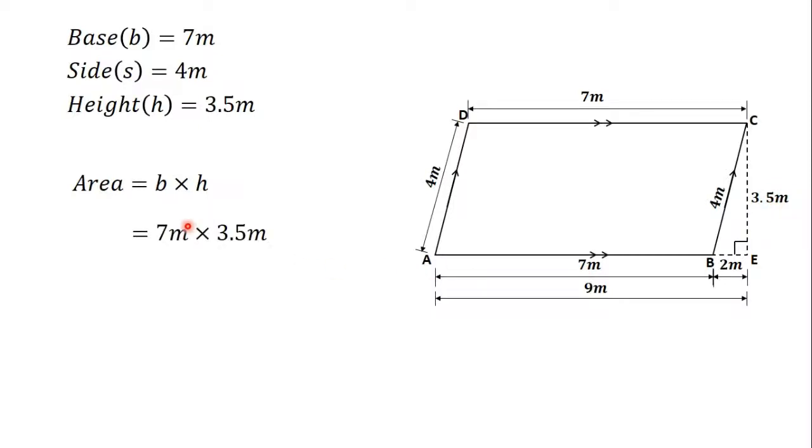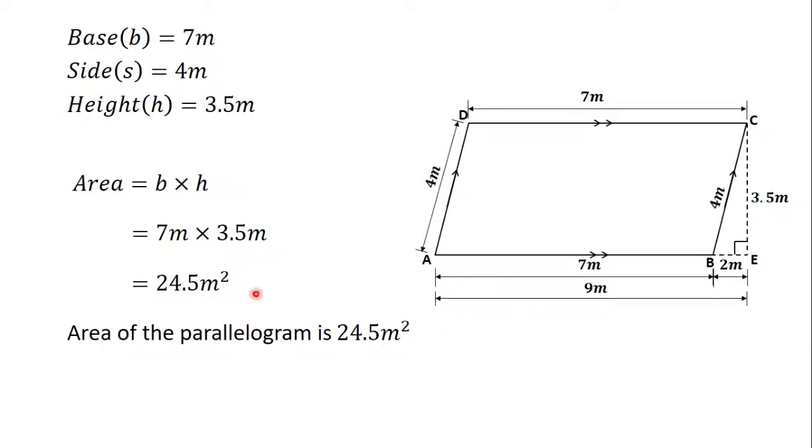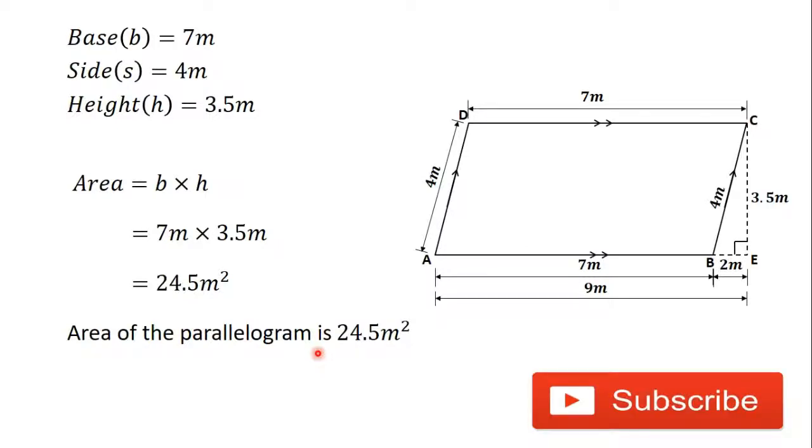It means that the area of this parallelogram is equal to 7 meters times 3.5 meters, which is the height. 7 meters times 3.5 meters will give us 24.5 meters squared. So for this parallelogram, the area is 24.5 meters squared.